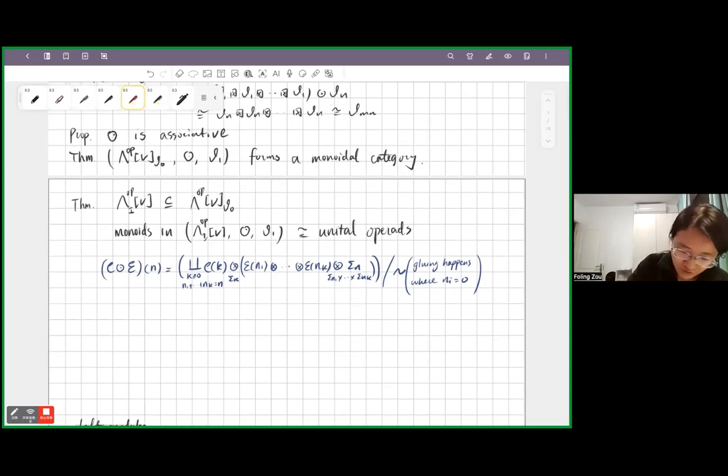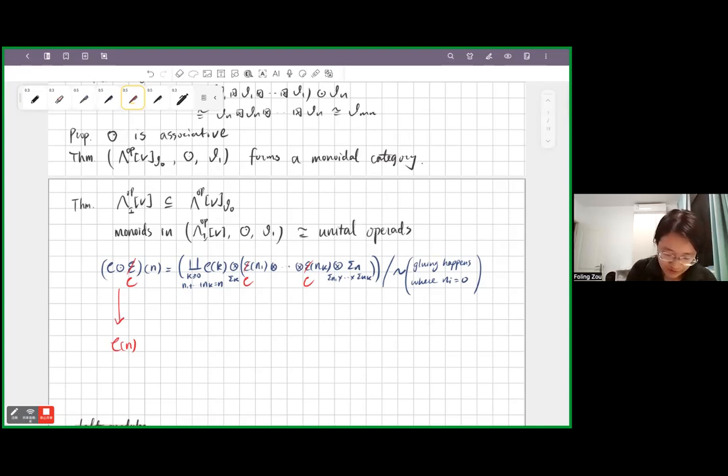So how do we get the structure maps? Well, here is a formula I copied from above that tells me what precisely are the spaces of this C circle dot E, and now I replace E by C. And saying that C is a monoid, that means I have a map from C dot C to C, and in particular C dot C of m to Cn.